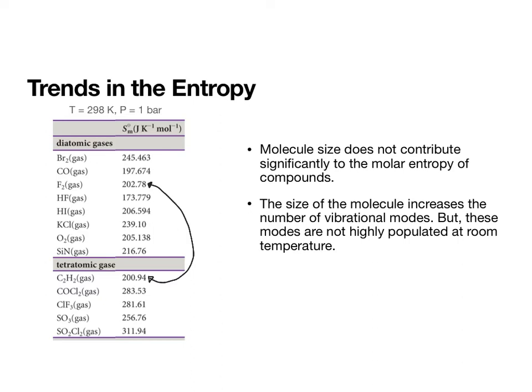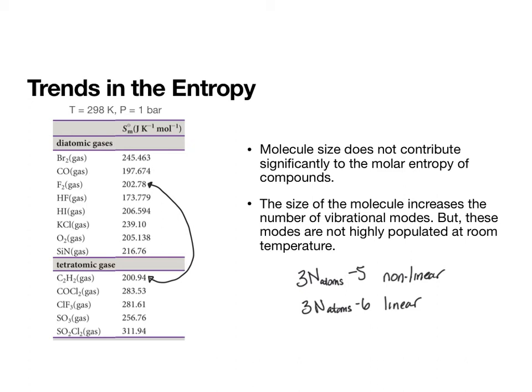This is because as the size of the molecule increases, the number of vibrational modes increases. So remember that our number of modes is 3n minus 5 for linear and 3n minus 6 for nonlinear.